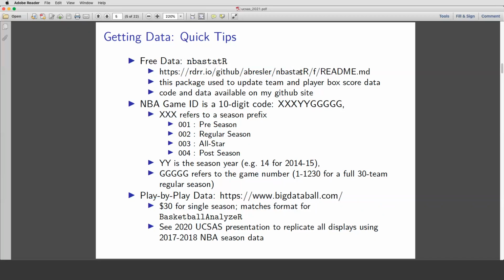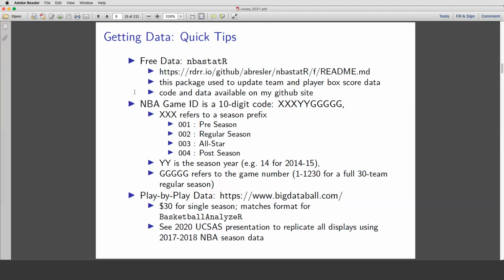So to download and install it, you need to do a little bit of a circumvention, which sounds overwhelming. It's really not. If you go to this website, they walk you through what to do. It's pretty easy. It's just not one of those things where you can do install.packages. As of when I did this presentation, it's worth another look. Maybe it's up there now.